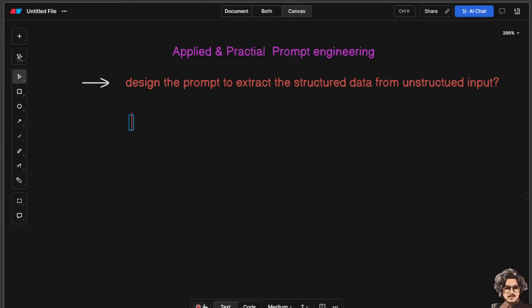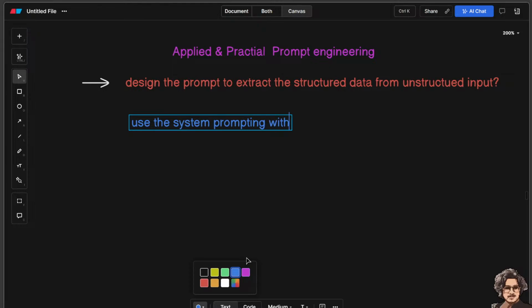So in this case, we have to use system prompting with an explicit schema and guidance. For example, instruct the model to return the output in JSON format.